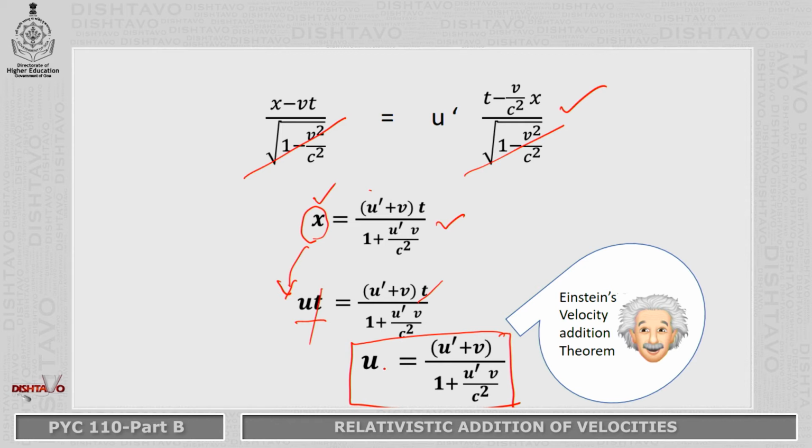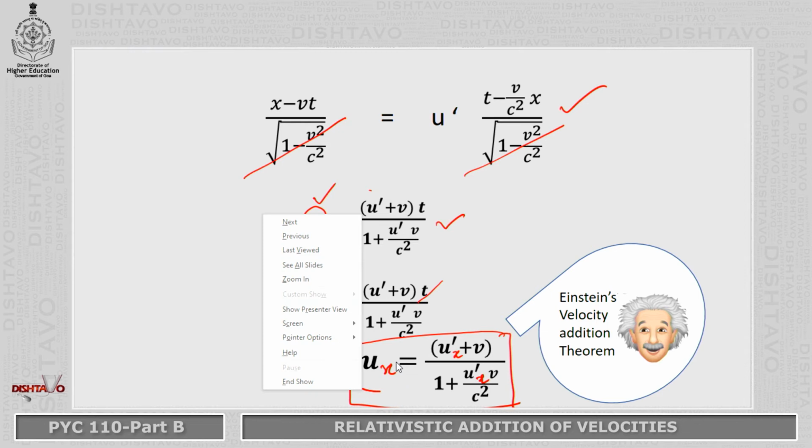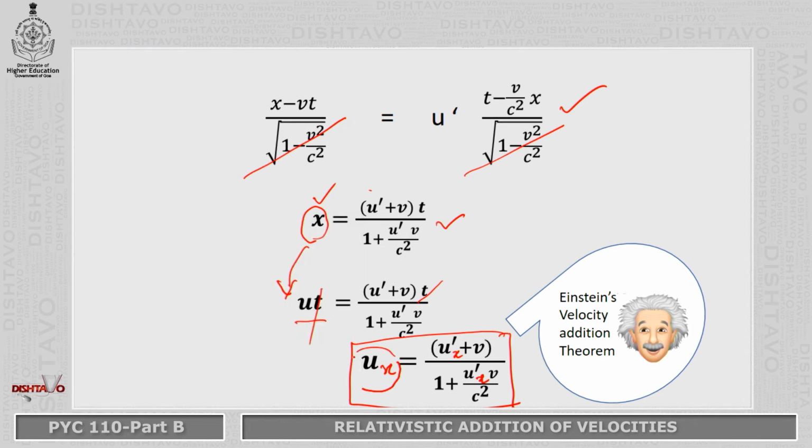Since the motion is in the x direction, you can add x here as a subscript. So, u prime x is the component of velocity moving in x direction, and the velocity measured by the observer in frame S will be recorded as u x, and this is what is called the velocity addition theorem.